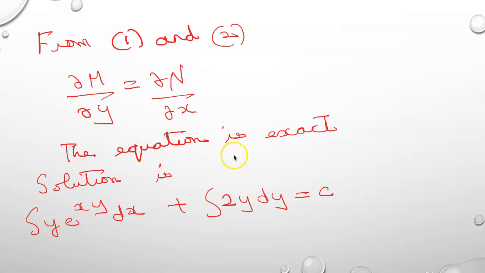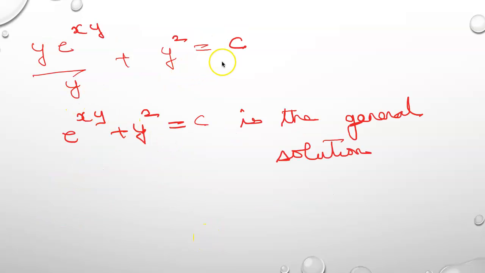So your equation is exact, and the solution is integral M dx, y e raised to xy dx. This is a term in N not containing x, so it is integral 2y dy. So this will give you y e raised to xy by y plus y squared equal to c, or e raised to xy plus y squared equal to c is the general solution.